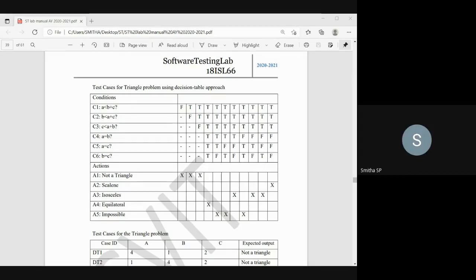Deepti, present, ma'am. Manu. Prajwal. Pritom Kumar. Shailesh. Vismaya. Tejaswini, present, ma'am.